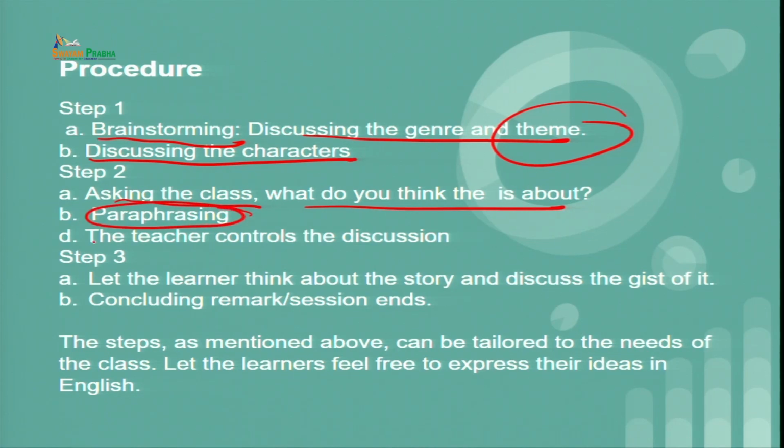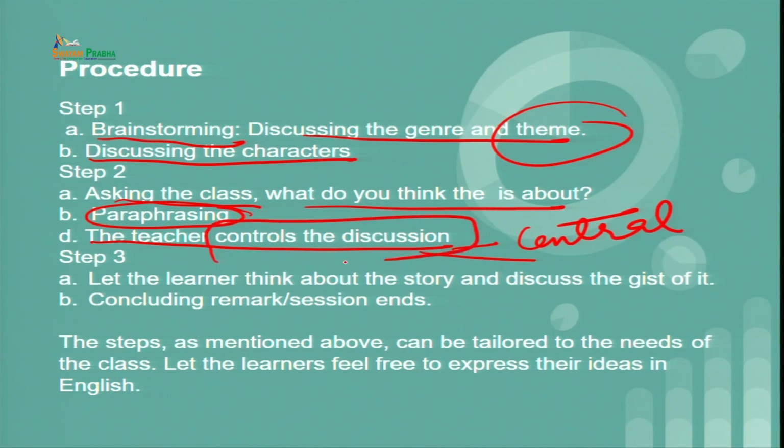The other thing is that the teacher controls the discussion, because the teacher is the person who is the central authority in teaching language through literature. He or she is the person who guides the students with the explanation and directs them, so we can conclude that the teacher plays a central role in this classroom.